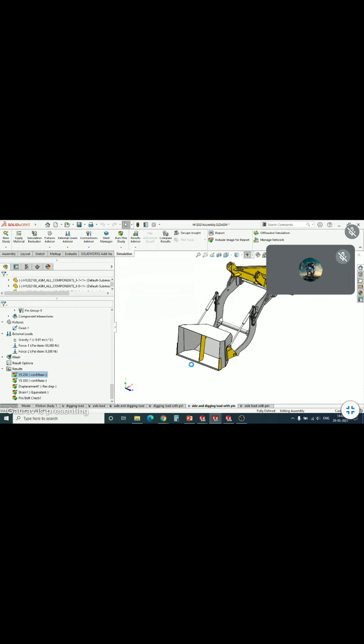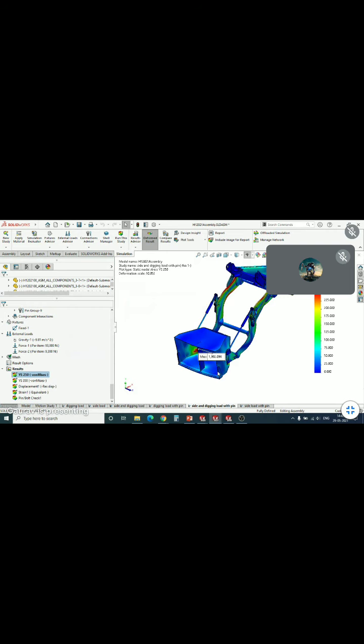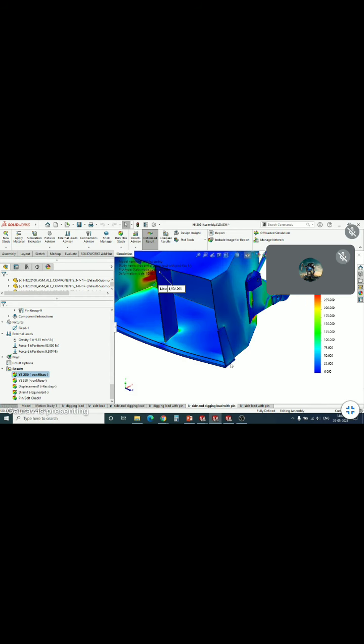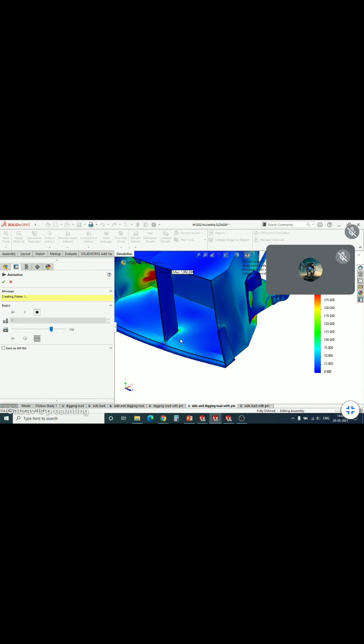So the loads are applied at this top side, and the side load is applied if there are any side movements coming on the part, correct? And these are a few results.